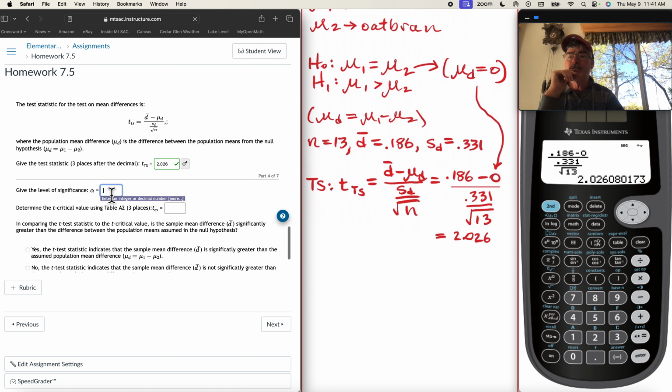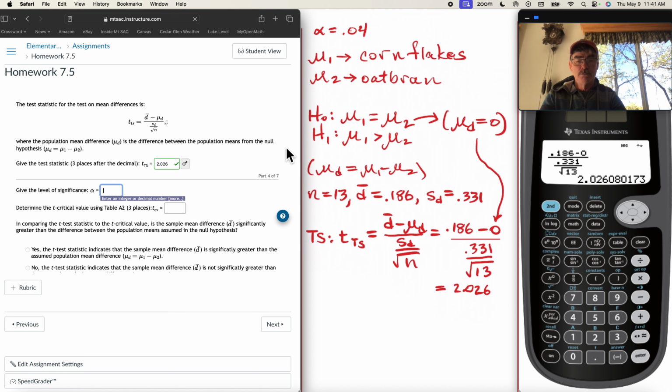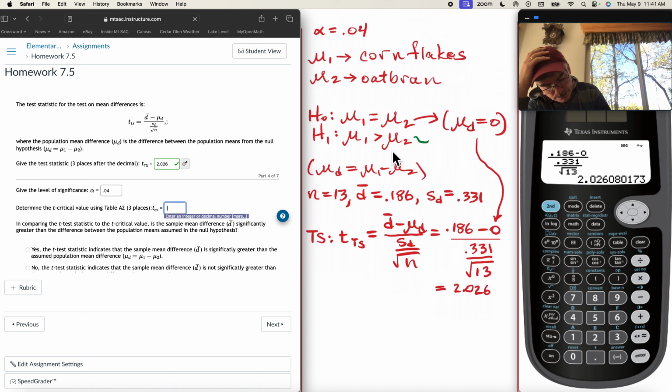All right, now our level of significance, I think I wrote down up above here. So alpha was 0.04. The T critical value I have not looked up. So this is a one-tail test here. And I guess I'll make that note. I didn't before. So right here, we know this is a right tail test. Okay. And so I can do a little bell curve maybe down here.